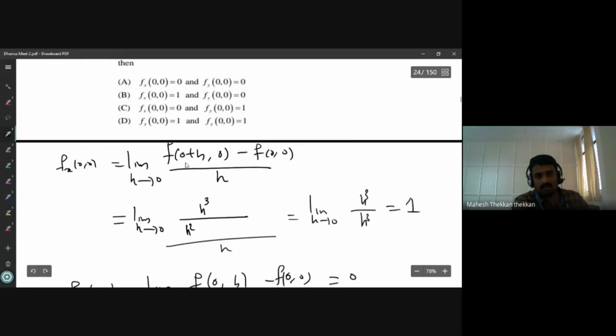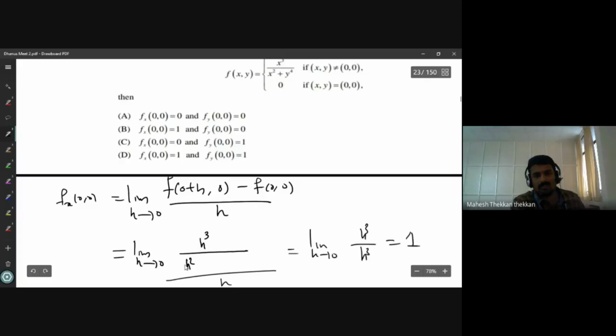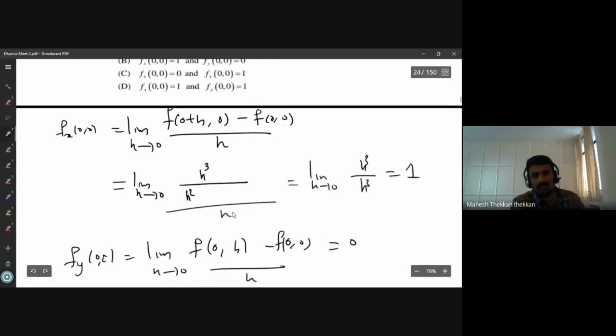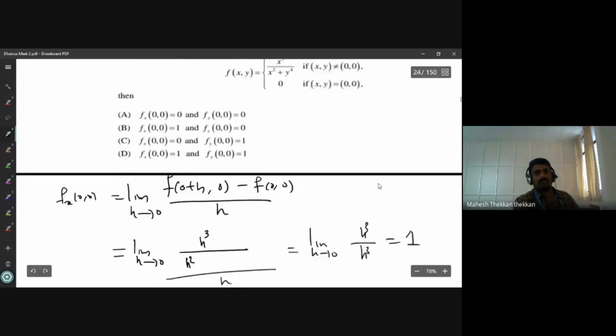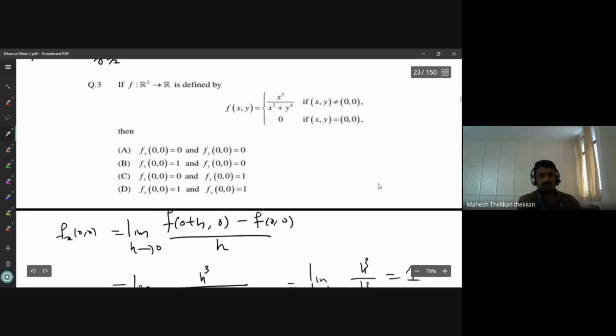So the only thing you need to worry about is f of h comma 0. In that case, you will get h cube by h square, and the whole divided by h. So you will get a 1. So option B is correct. So you got this: fx at 0, 0 is 1 and fy at 0, 0 is 0. I think it is okay, right?